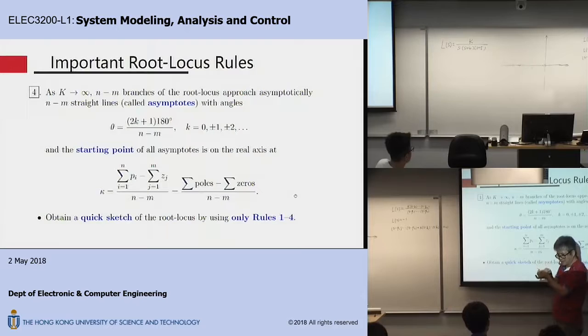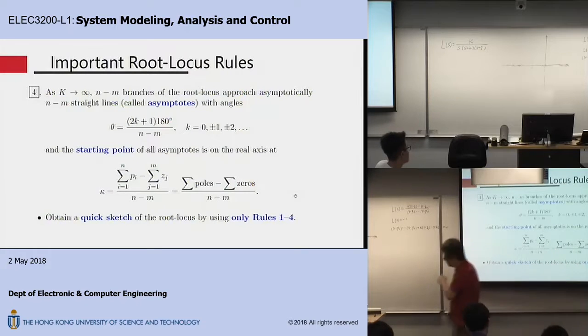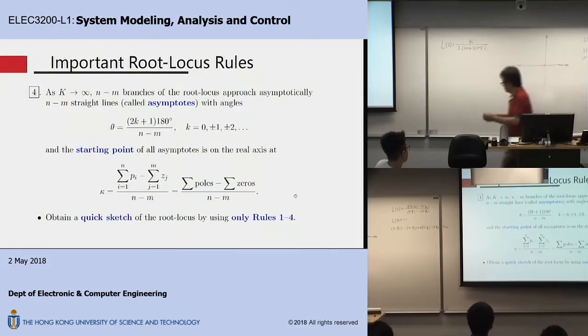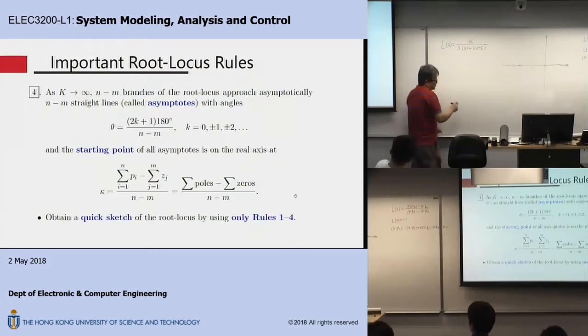Of course, you remember that minus 60 is equal to 300, this is a kind of periodic thing, right? So we got 60 already, we got 180, we got 300.